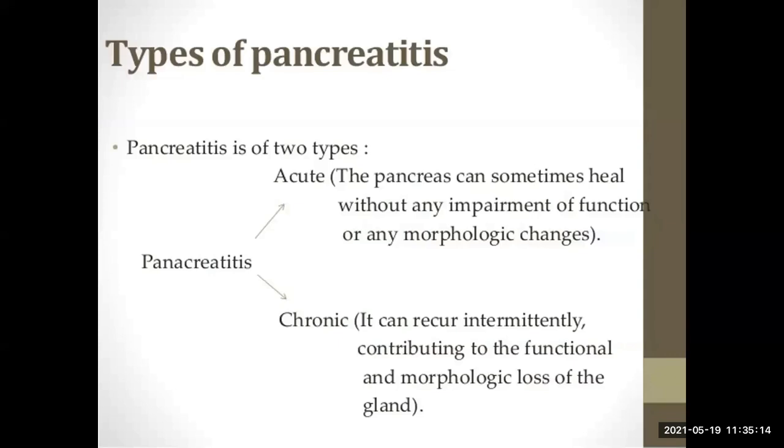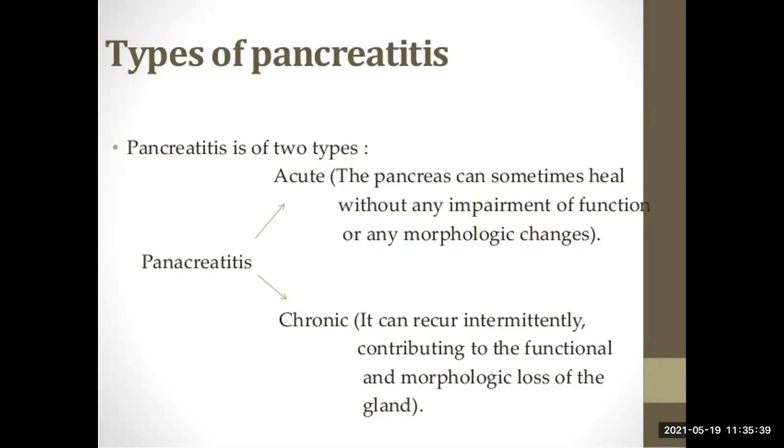Types of pancreatitis: it can be acute, it can be chronic, and chronic basically occurs intermittently. Sometimes the individual is comfortable and doesn't feel any sort of issues due to the pancreatitis, and sometimes the symptoms will be there.